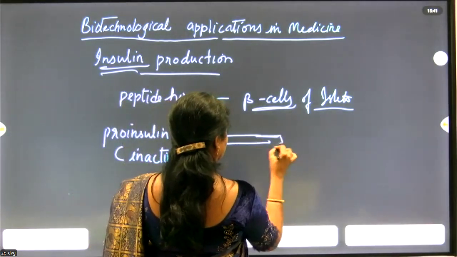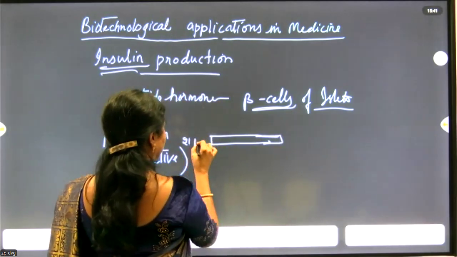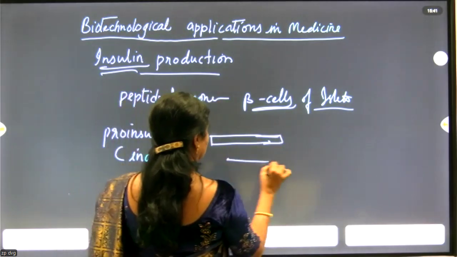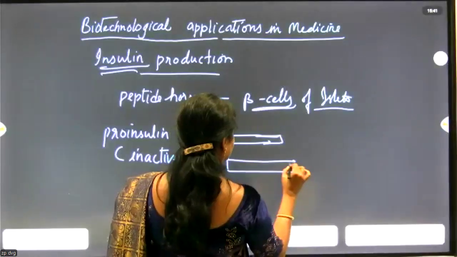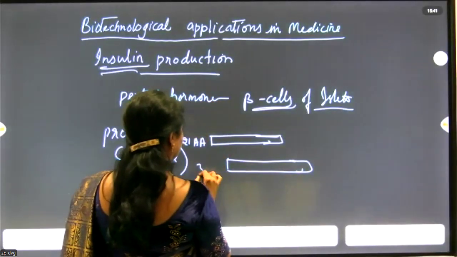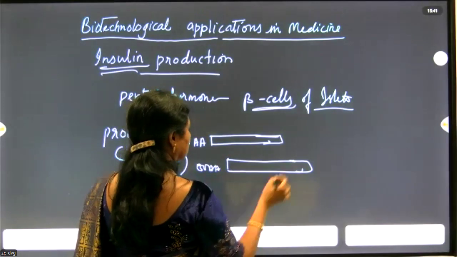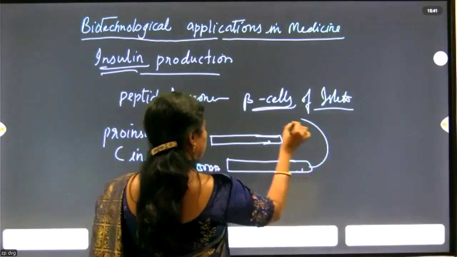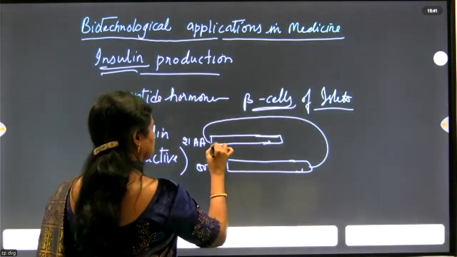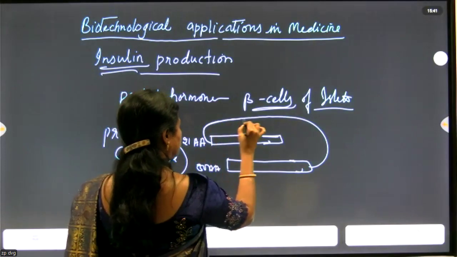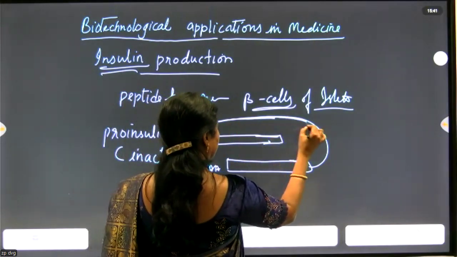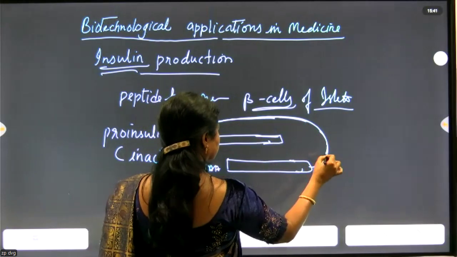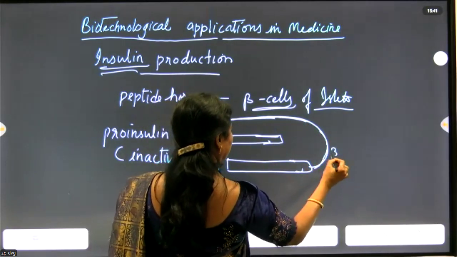A chain with 21 amino acids, B peptide chain with 30 amino acids, and C peptide chain made up of 35 amino acids.